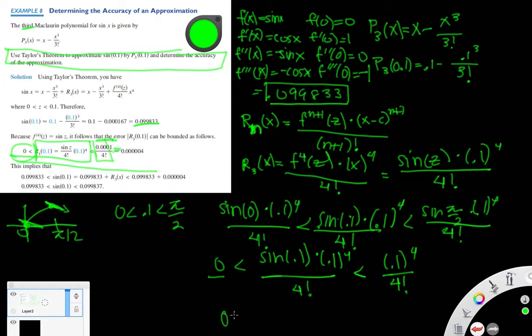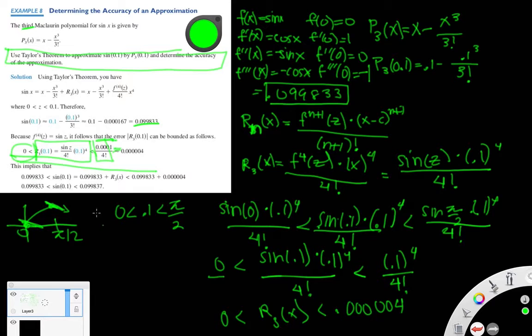And so they just say that the error of the 3rd degree term is somewhere in between 0 and 0.000004, because we don't have a calculator, so we know that it's in between these two terms.